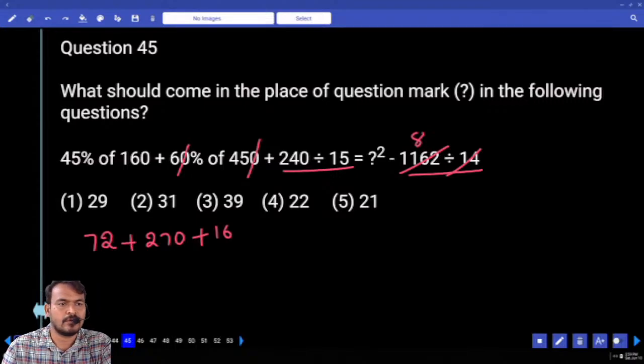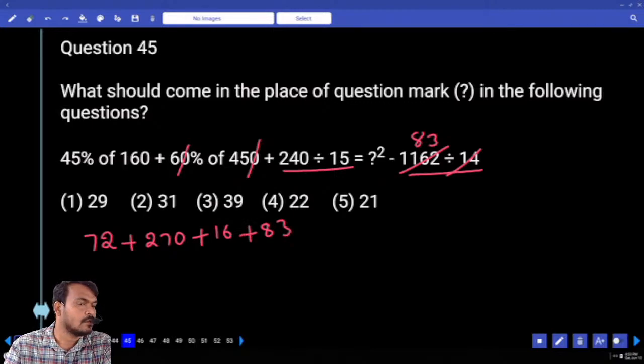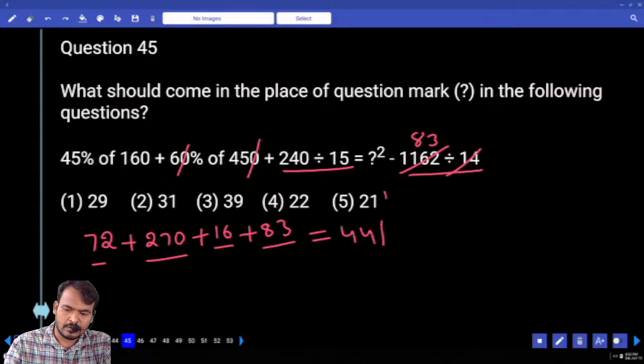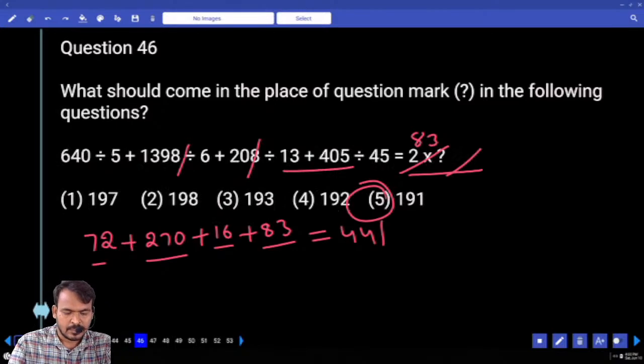What is the remaining? 42. 42 means 3 times, plus 83. Okay, first 72 plus 270, 342. 342 plus 16, 358 plus 83, 441. Which one square? 21 square.